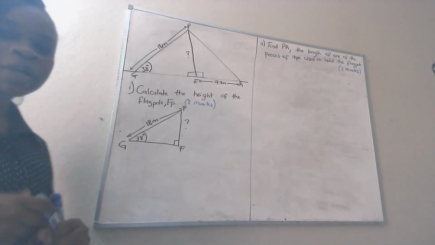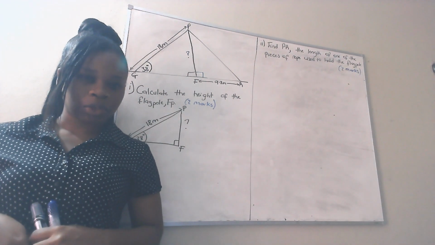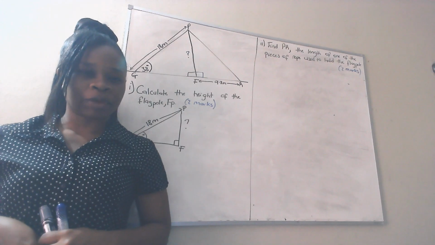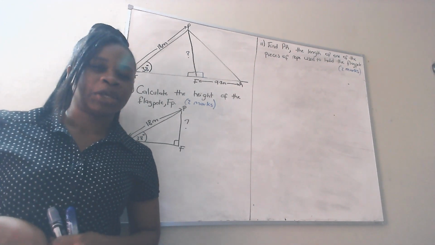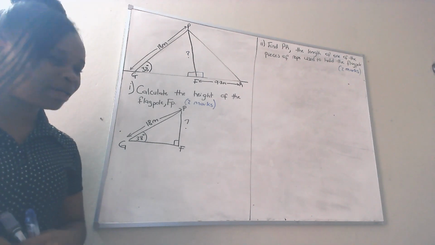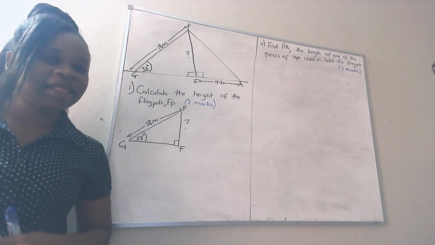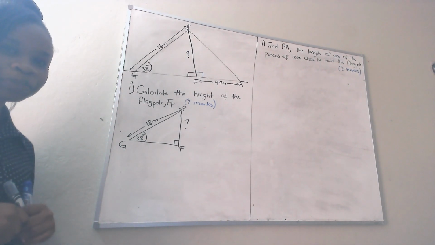Now, the first thing you want to do whenever you're dealing with right angle triangles is label the triangle. What do I mean by that? Look at this.